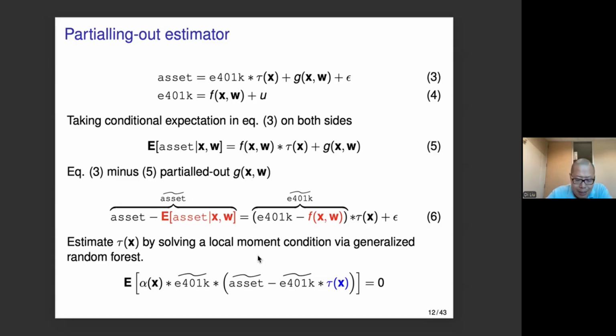We have to find local weights for different values of x and then construct the moment conditions this way. Generalized random forest turns out to be a very good way to estimate the functions for both alpha(x) and tau(x).